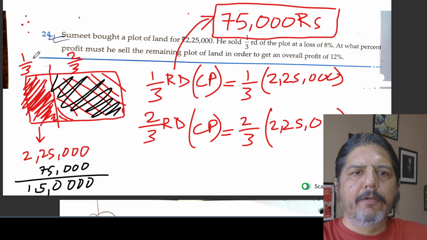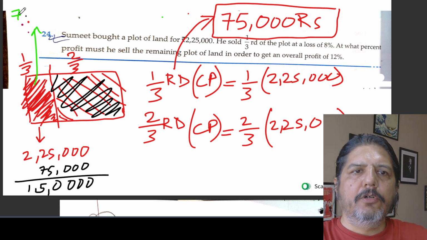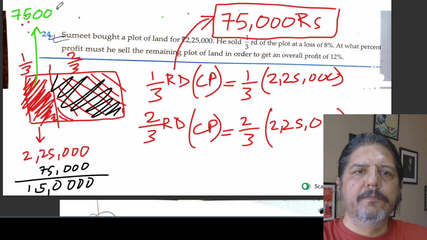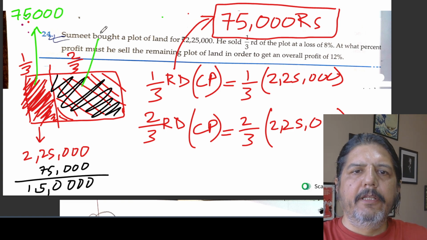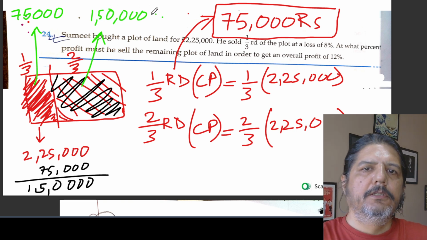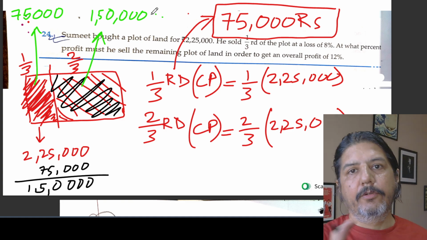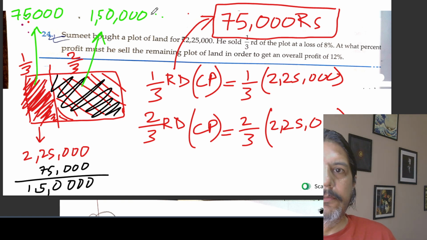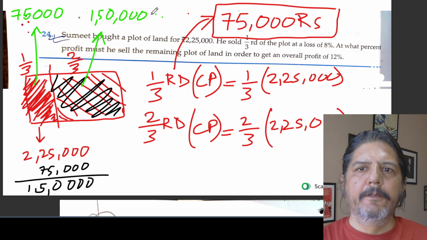So till now, what we have understood is that this part of the land, let me change the color for better effect, the one third of the land which he has sold at a loss has a cost of 75,000 rupees. And this remaining part of the land is for 1,50,000. So this should be clear before we even go to the question which is being asked.